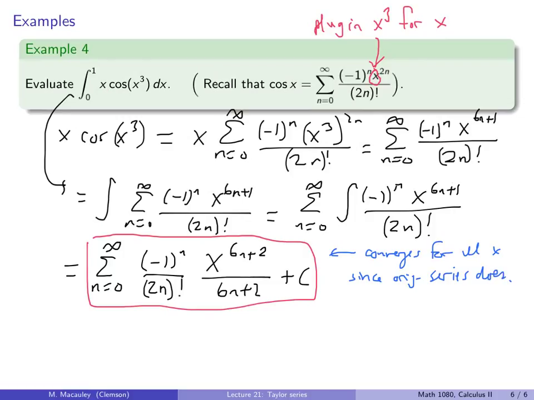Okay, so actually, we have to evaluate this from 0 to 1, because, let's suppose we didn't have these limits. What does this tell us? Well, can we write this in terms of sines and cosines? I don't know. I really don't know. Probably not.